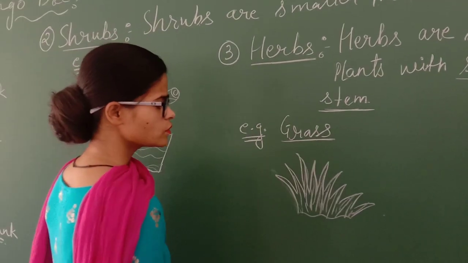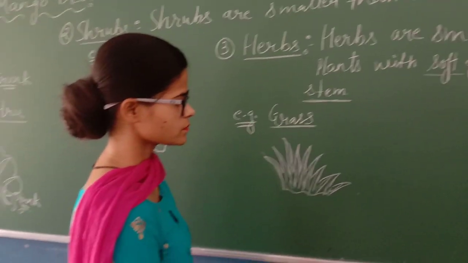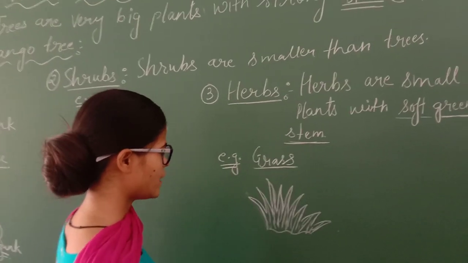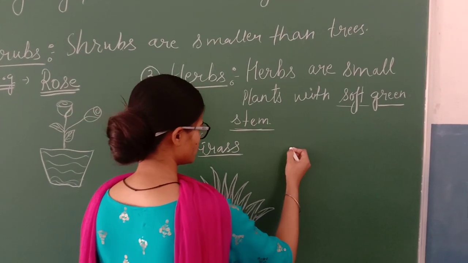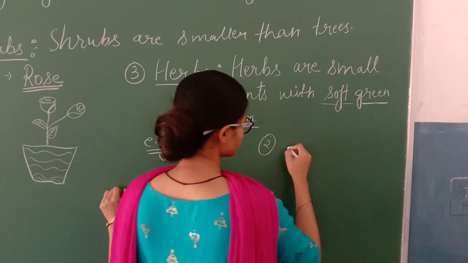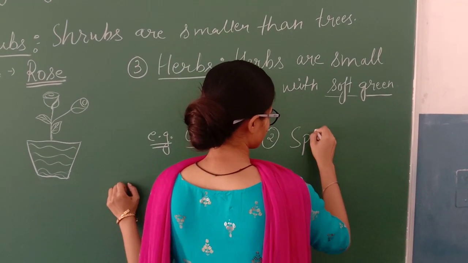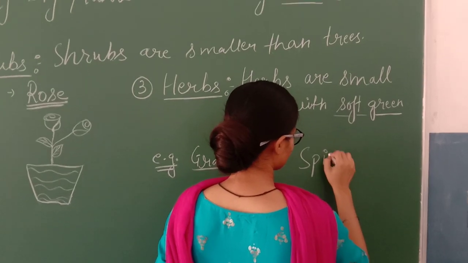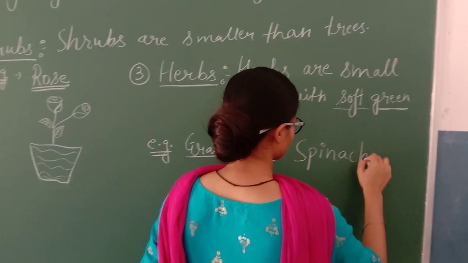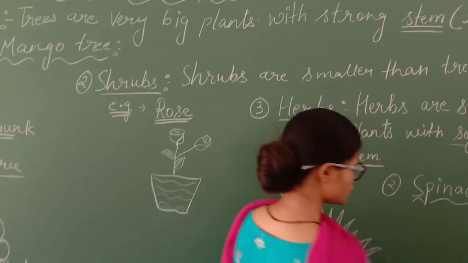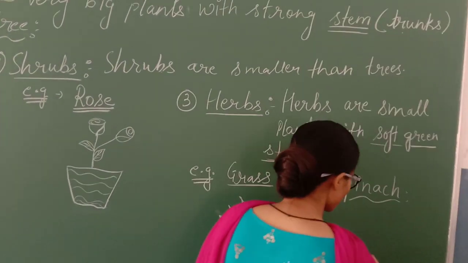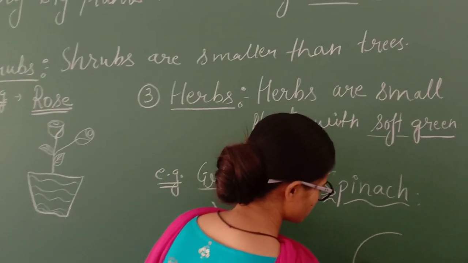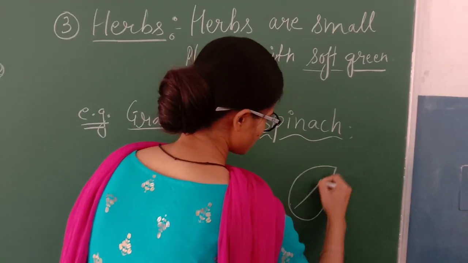Then I will draw spinach for you. The second example is spinach. Spinach is also easy to draw. You have to make big leaves like this.